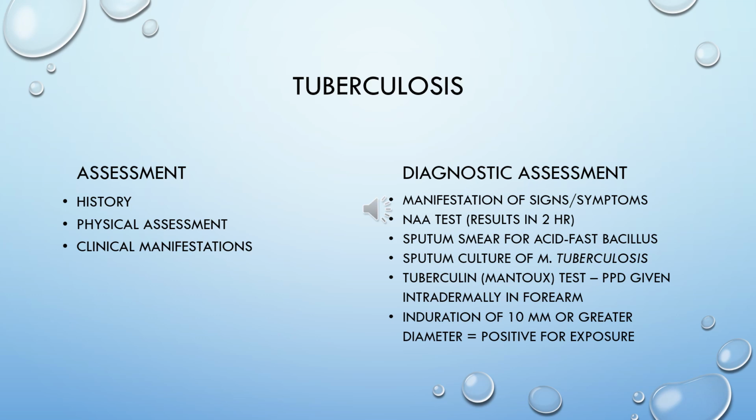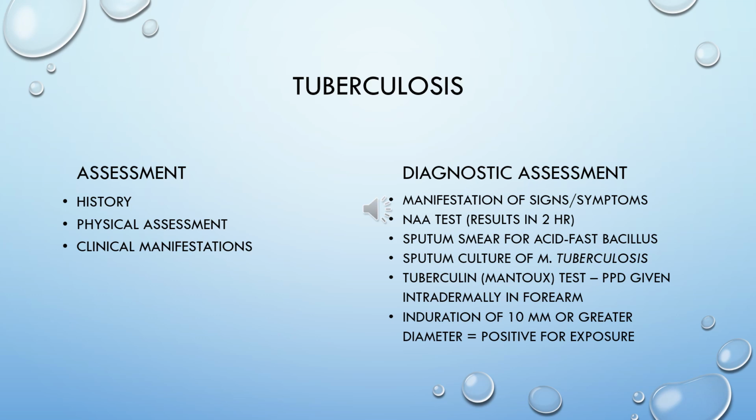That's that induration piece. One other thing to note is in people who have reduced immunity. So we're looking at patients again who have some kind of autoimmune or immune disorder, like HIV, where they tend to be immunocompromised.